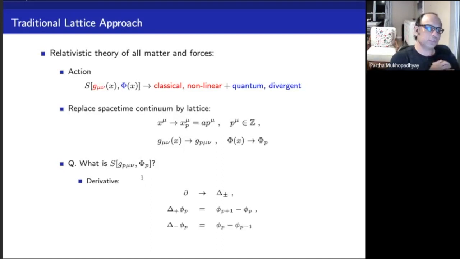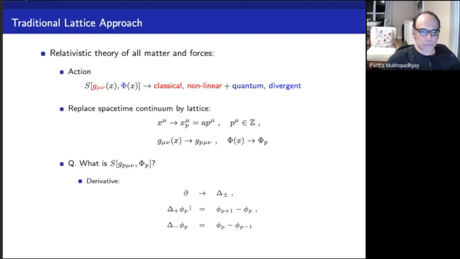So what you usually do is to replace the partial derivative by a difference operator. I have taken an example of a one-dimensional lattice, so phi_p is a function on a one-dimensional lattice, and the difference operators are the forward and backward difference. They are just the difference of phi between two consecutive lattice sites.